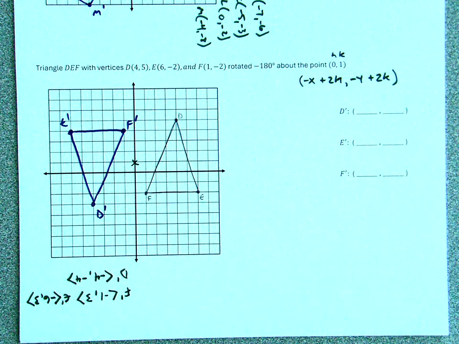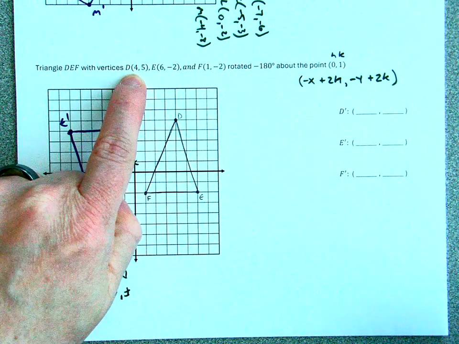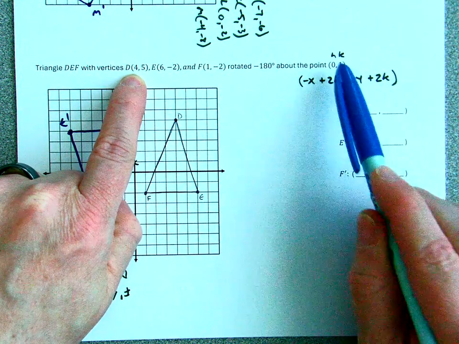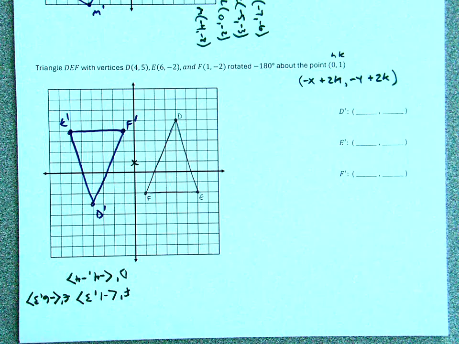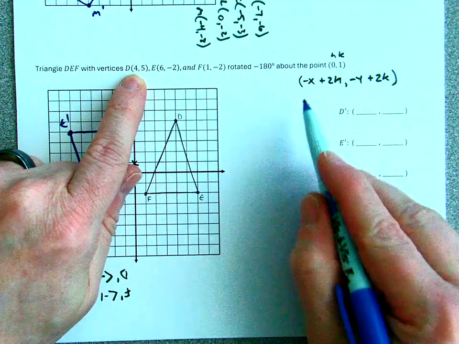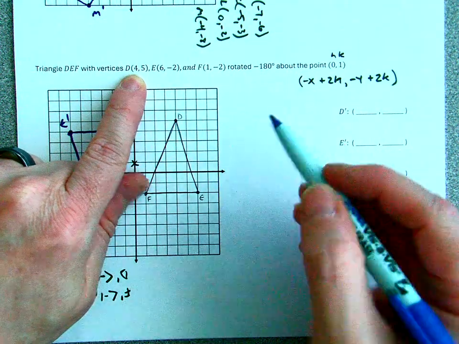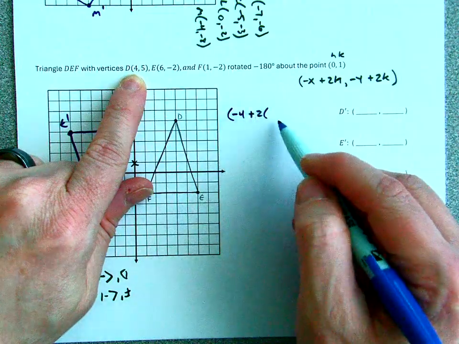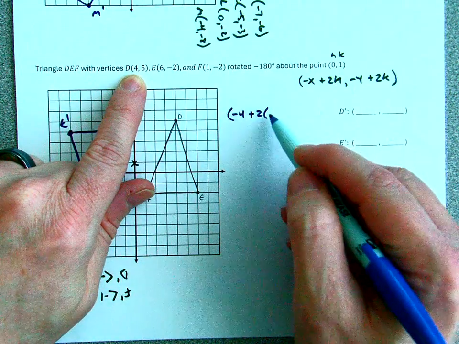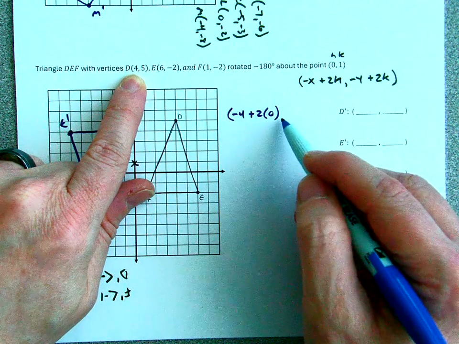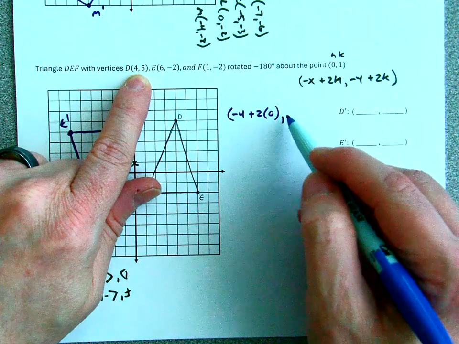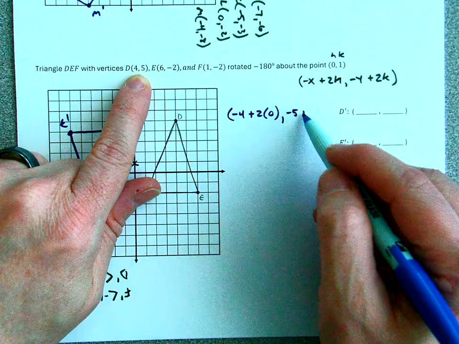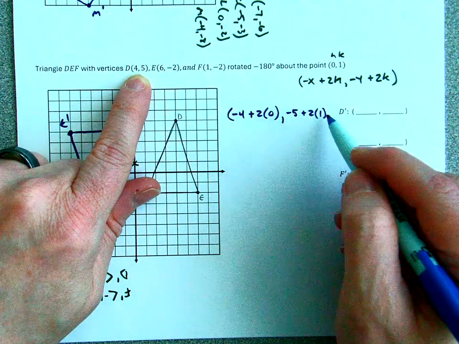So I'm going to take my X and Y ordered pairs and plug them into here using these H's and K's. So we want the opposite of X, so the opposite of 4 is negative 4, plus 2 times the H value, and the H value here is 0, right? And then the opposite of Y, plus 2 times the K value.